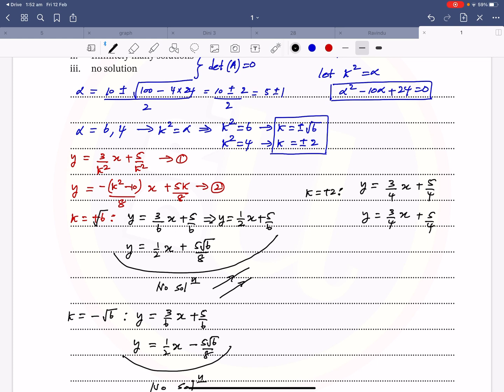Now we can see these two lines are parallel and coinciding with each other. So there are infinitely many solutions.